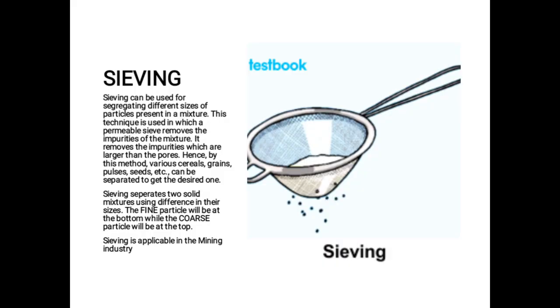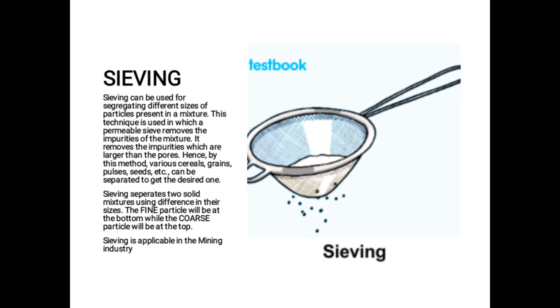And of course, another one is sieving. Sieving is used to separate two solid particles of different sizes. It uses the differences in their sizes. Usually, when you have two solids together and you want to use sieving, that means one of them is fine or small, and the other is large or coarse.